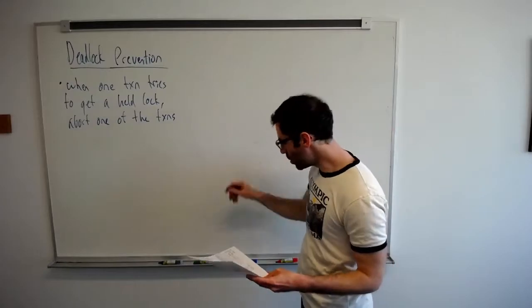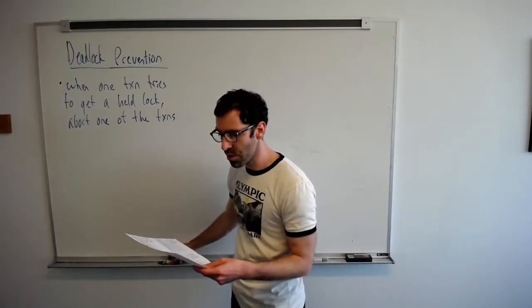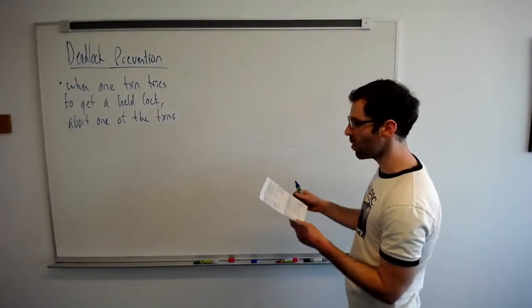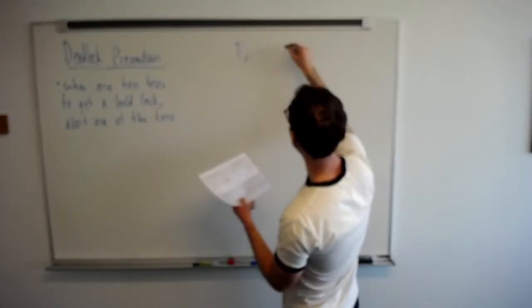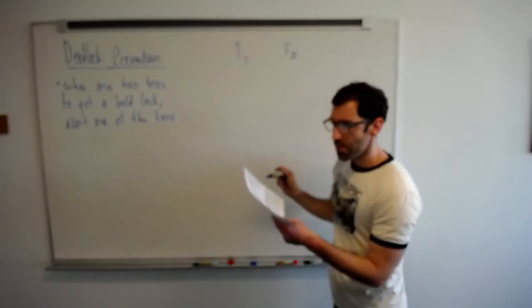So there are two different policies that we could use for our deadlock prevention. We have T1 and T2.